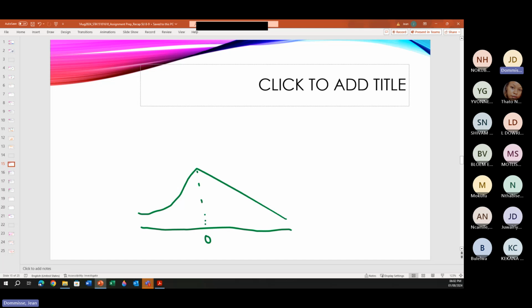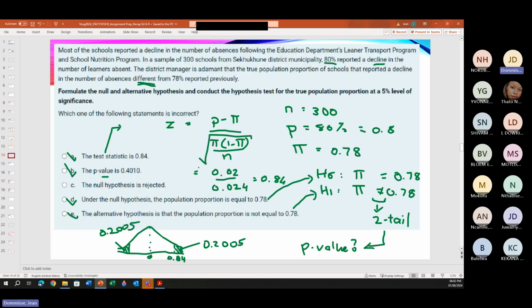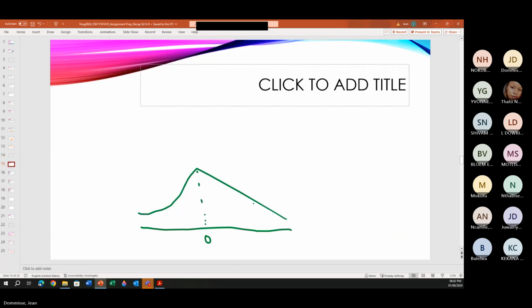So we worked out our Z value 0.84. That was the t-test that we calculated, the Z.